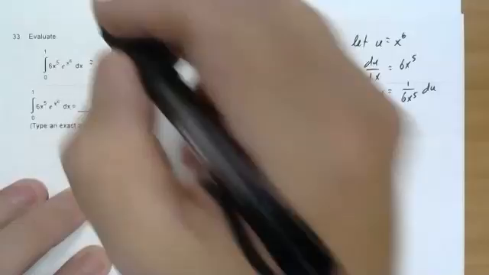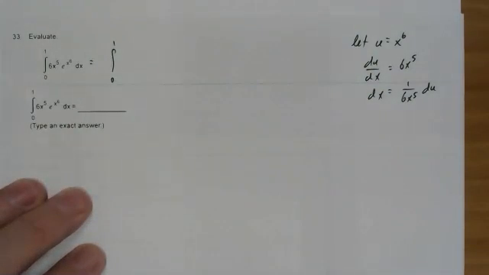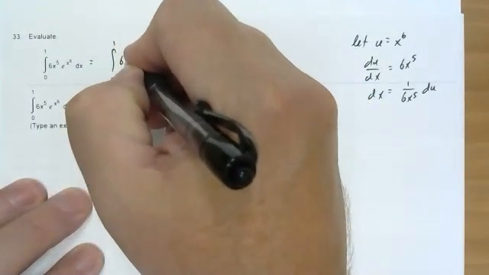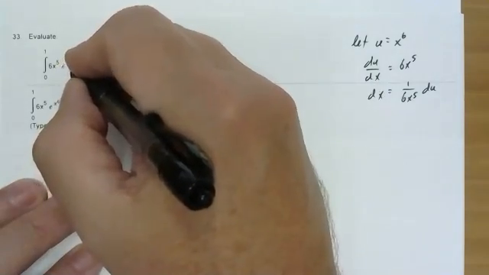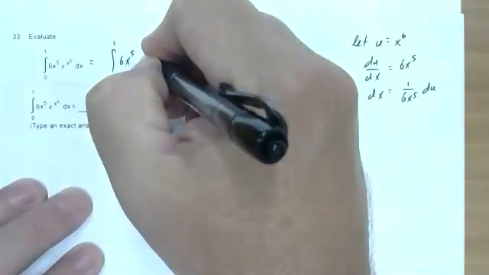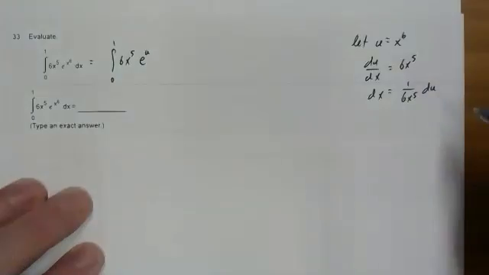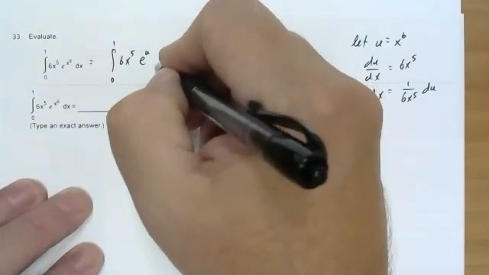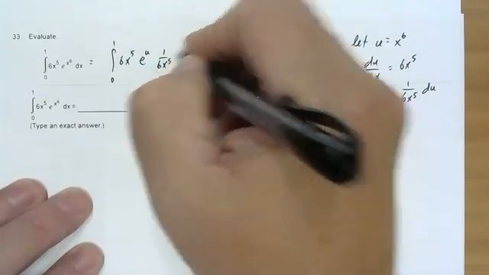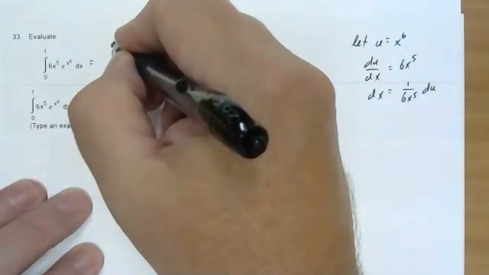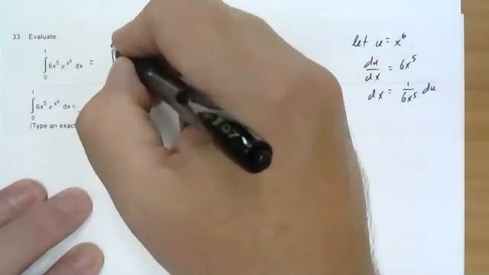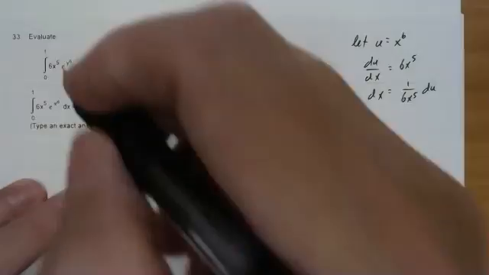Notice this is a definite integral, so at the end, I'm going to actually get a number for an answer. 6x to the fifth, I'm sort of stuck with for now. E to the x to the sixth, that's e to the u, and dx is 1 over 6x to the fifth times du. Actually, I shouldn't put this here now because these are for x, and I'm working with u now, so it's not really quite right to leave it there.